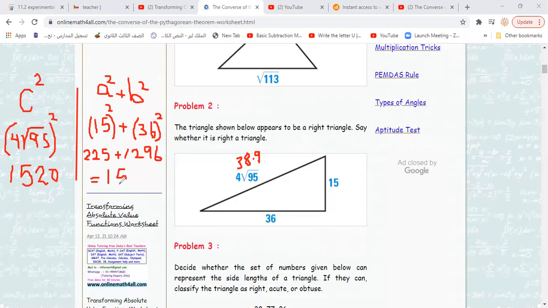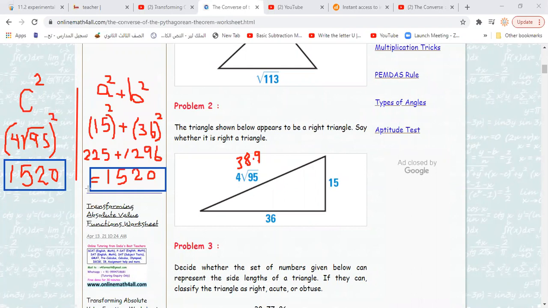What do you know? They are the same, right? And once we have the two numbers are the same, so we can say that the triangle is right. So we have 1,520, 1,520.